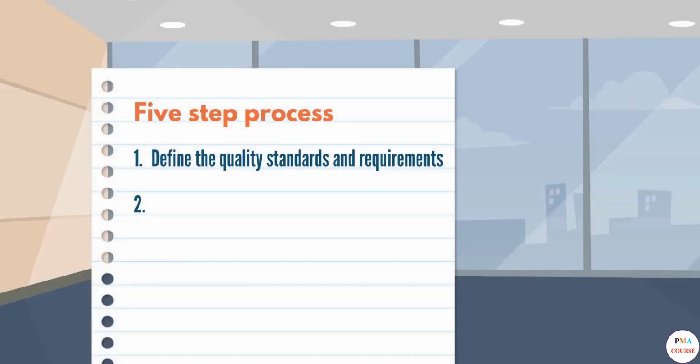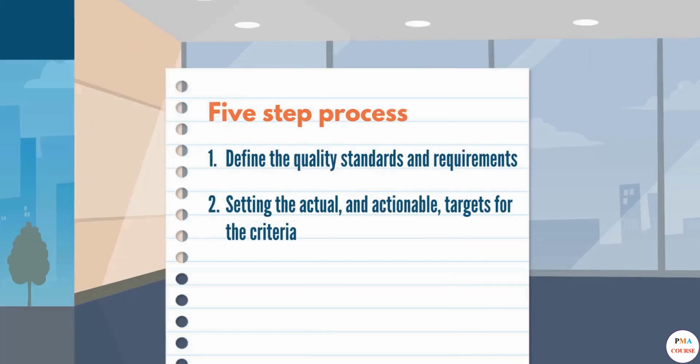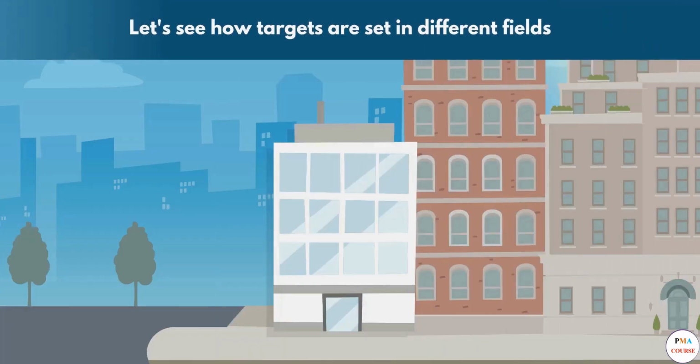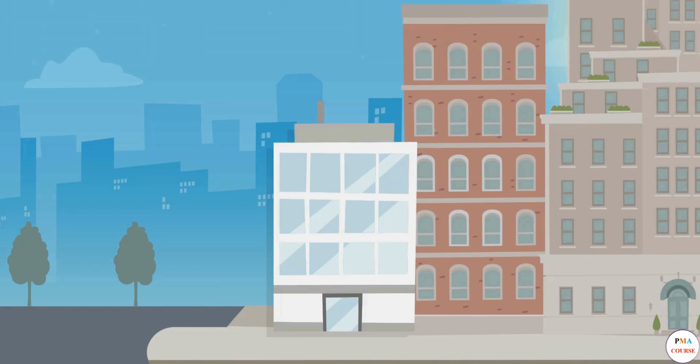The second part of the process focuses on setting the actual and actionable targets for the criteria identified during step 1. Let's have a look at a few different fields and see how targets are set. Field number 1, construction.